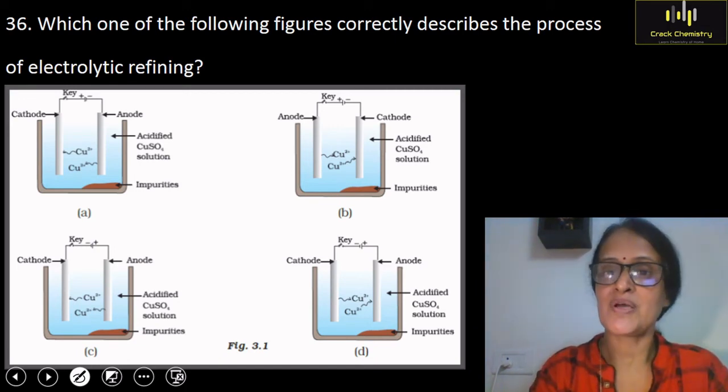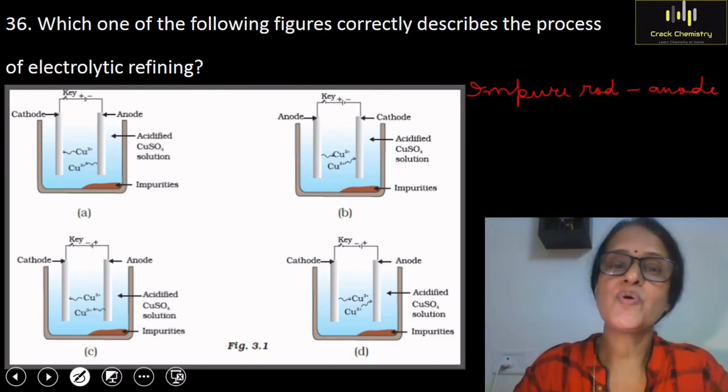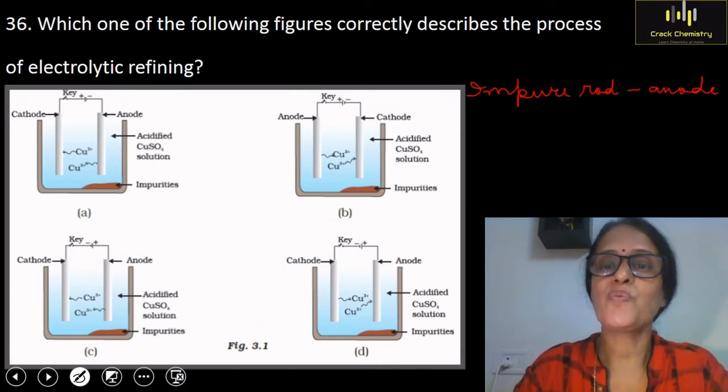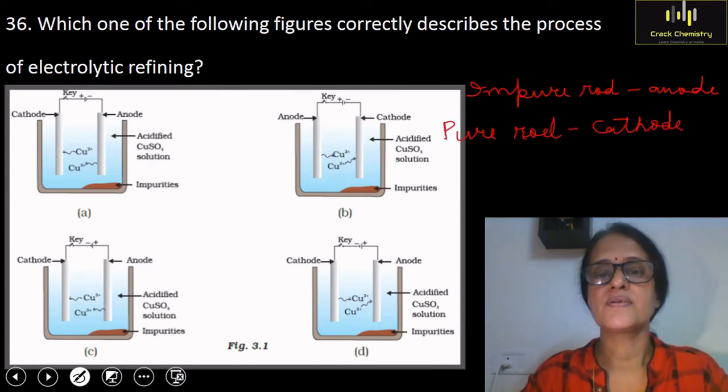I'm writing here that the impure rod will be made as anode. Another point is that a thin strip of pure metal will be taken in the form of cathode, which means it will be connected to the negative terminal of the battery. So I am writing here that the pure rod will be made as cathode.